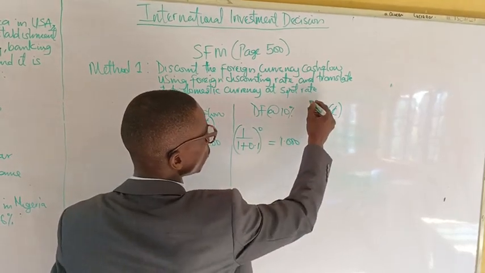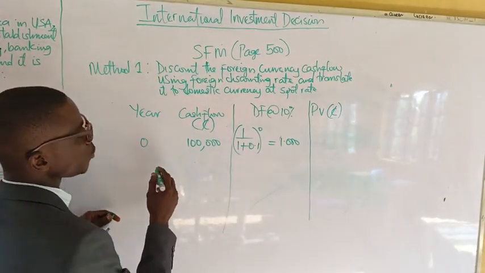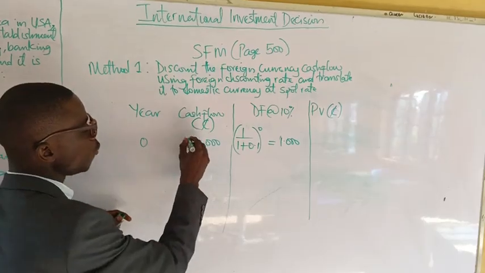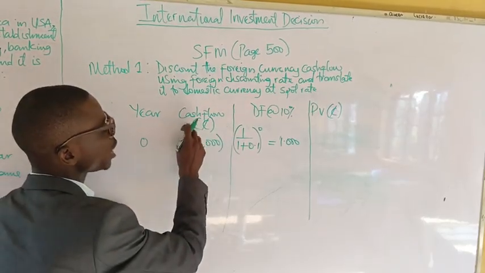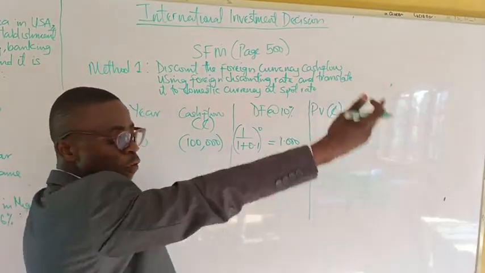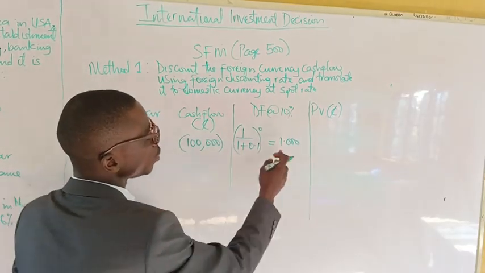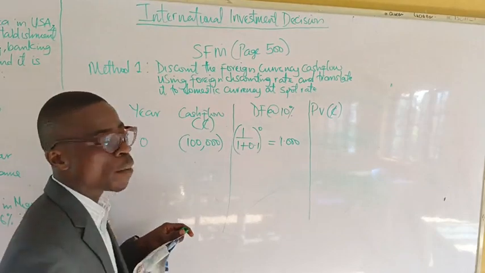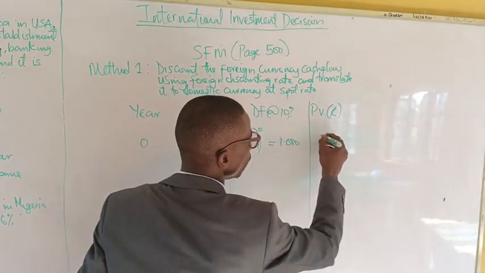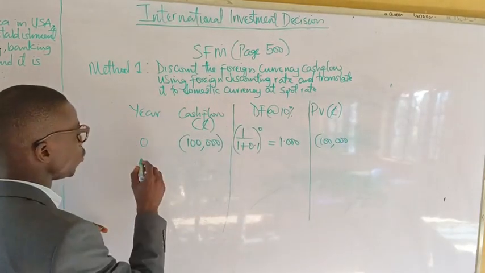You can do it to 4 decimal points. Now don't forget it is a cash outflow in year 0, so it will be in brackets because the money is going out of the company. So 100,000 times 1.00 gives us minus 100,000.